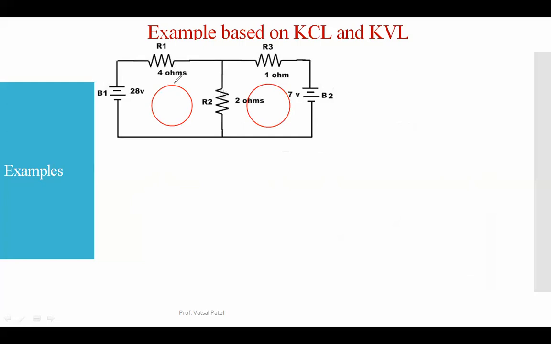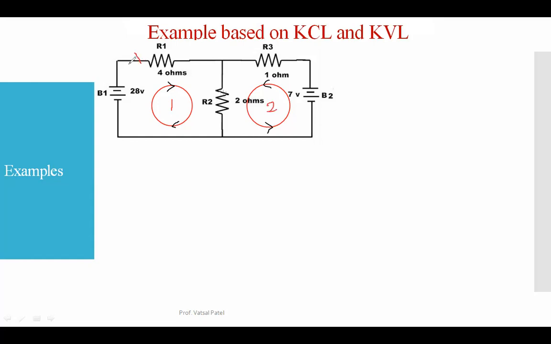So the first loop I'm indicating in the clockwise direction, and here it is the anti-clockwise direction. I am assuming the first loop is in the clockwise direction. The second loop will be in the anti-clockwise direction.